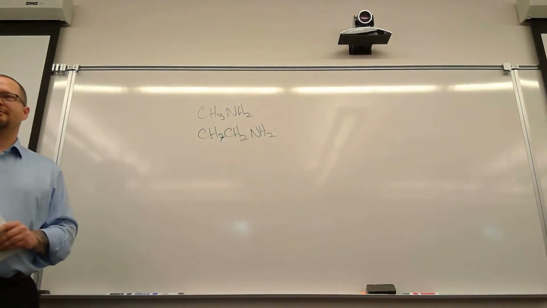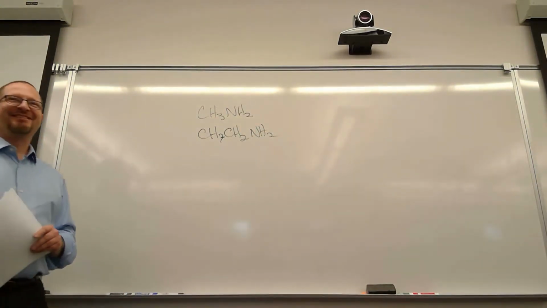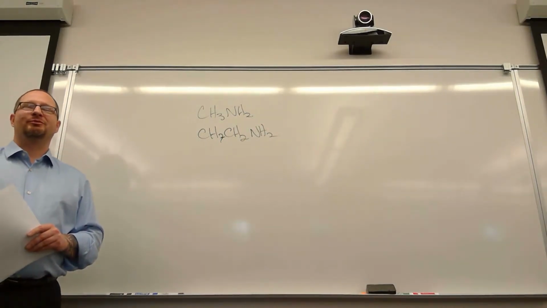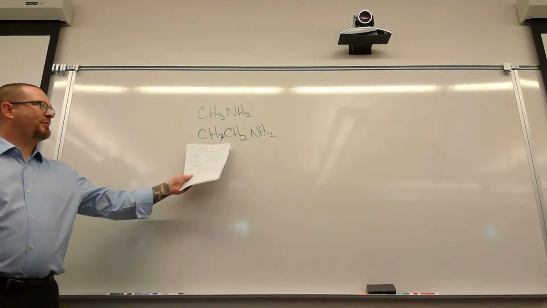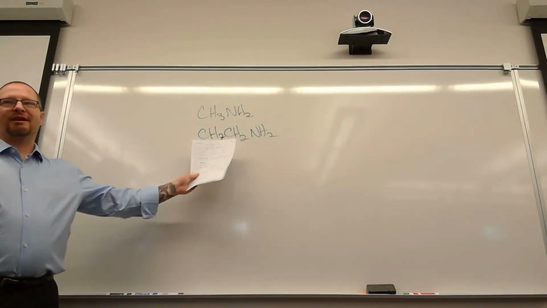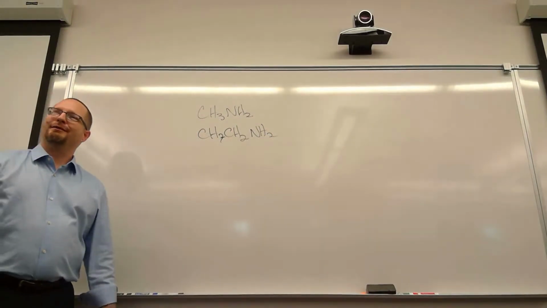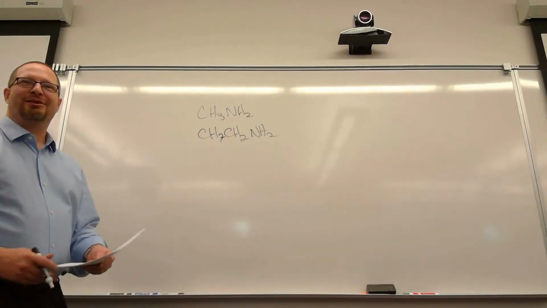This is ethylamine. So the small amines, you basically name the simple alkane, and just say amine, and everyone's like, oh, okay. They're going to know exactly what you're talking about.